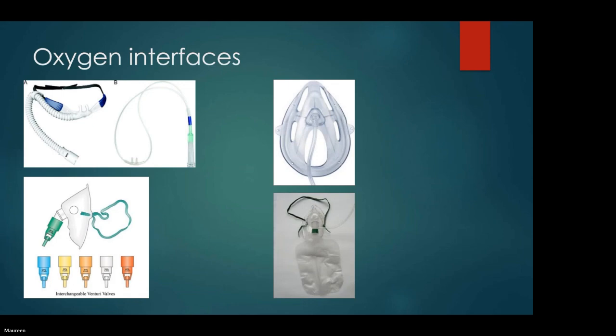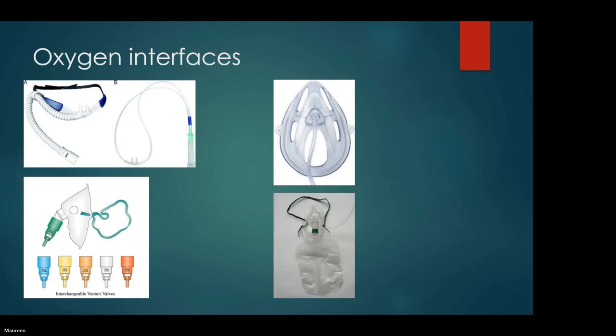On the top right-hand side, some of you might be familiar with this. This can be used for people who perhaps have got painful nostrils and crusting from wearing nasal cannula with high flow oxygen. And it's called an oxymask. Now, I'll go through each of these devices in turn, but that's called an oxymask.